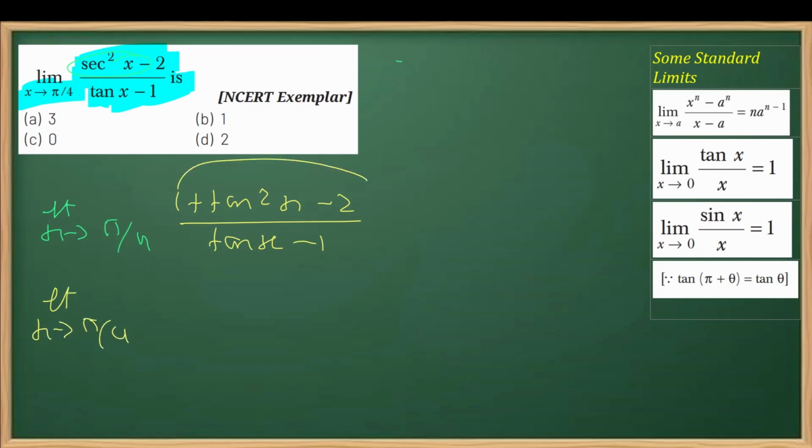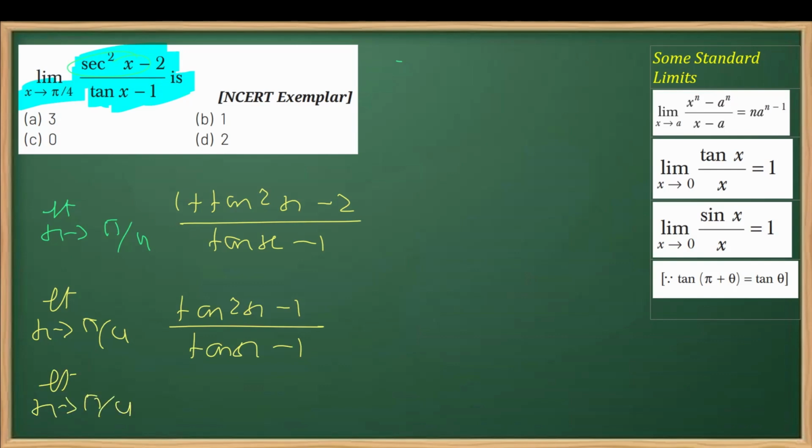So this is limit x tending to pi by 4. What is 1 minus 2? Minus 1. So I can write this as tan square x minus 1, that divided by tan x minus 1. Applying a square minus b square, this is going to be a minus b multiplied by a plus b, and that whole divided by tan x minus 1.